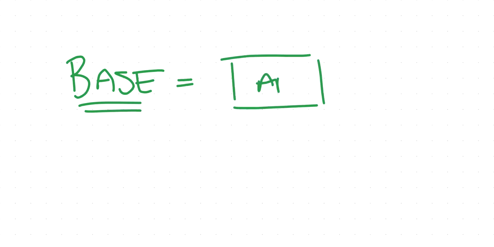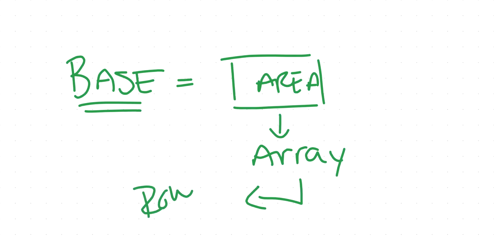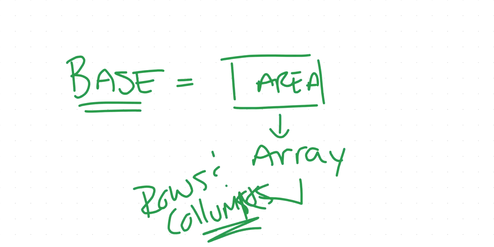Your base is literally what we've been doing this whole time with area. So think about the idea that you have some sort of area, which is really just an array, which is really just rows and columns. We are developing this concept of how to put all this together.